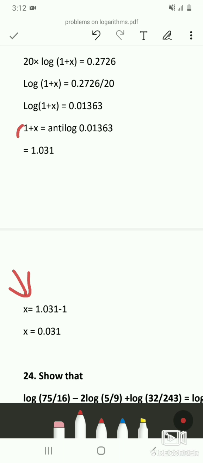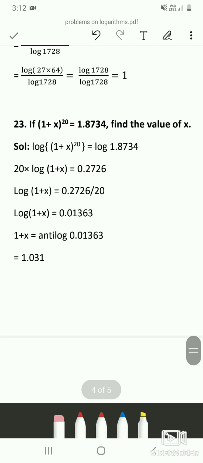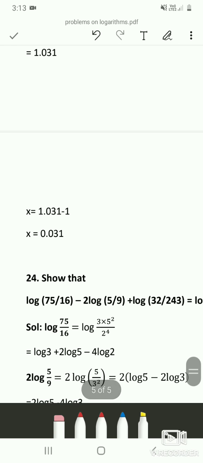So this 1 goes to the right hand side, so it will be minus 1. So therefore the value of x is 0.031. So this is an easy problem. So first, the given equation, you have to take log on both the sides, and then using the third law of logarithm, simplify the given term and find the log value of this term, and then find out the anti-logarithm to get the final answer.